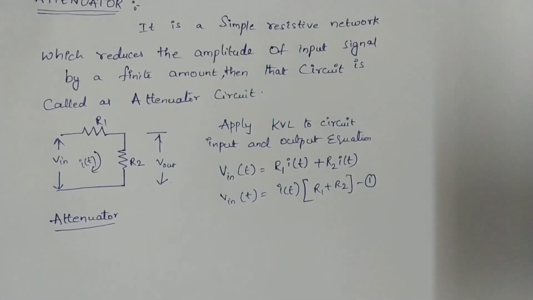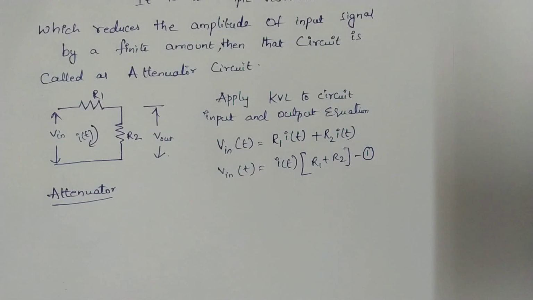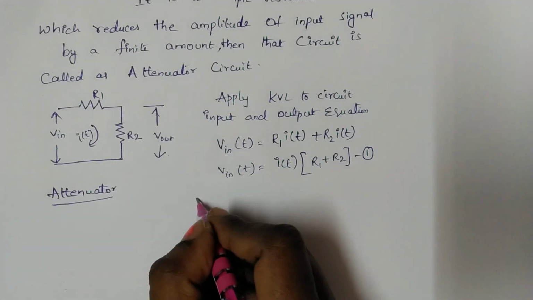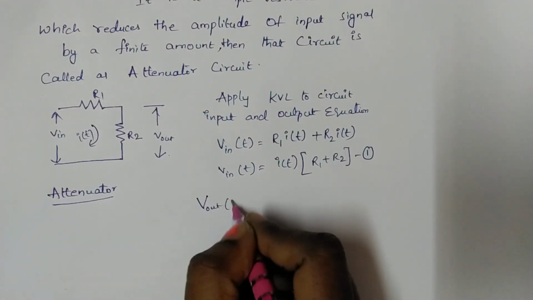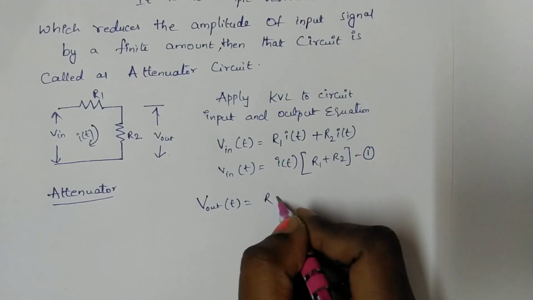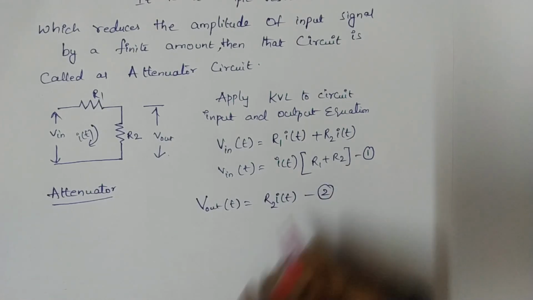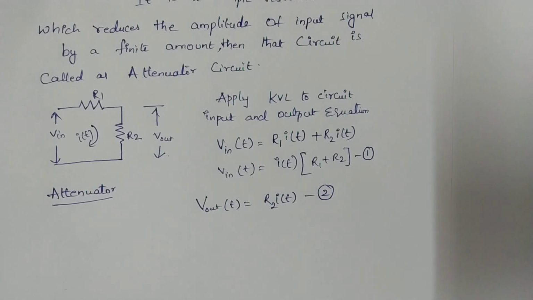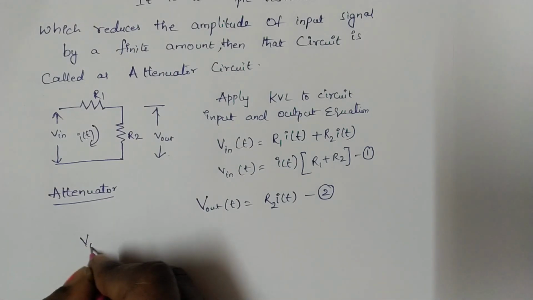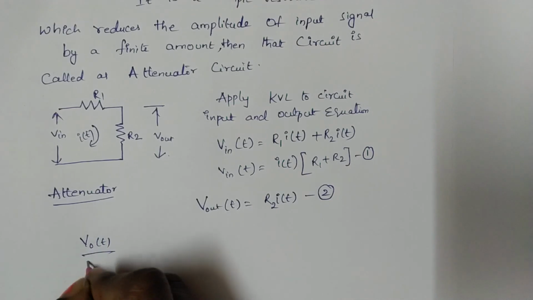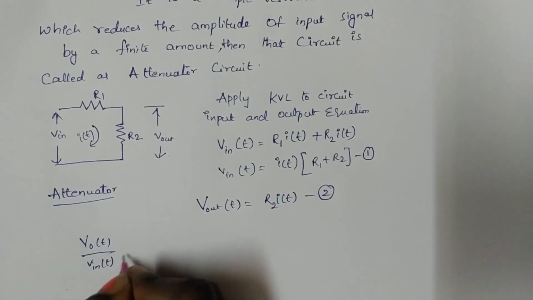And from the diagram we can see that the output is collected across the resistor R2. So V out of t equal to R2 into I of t. Make it equation 2. So we know output by input. If you want to find the output by input, substitute both equation 1 and equation 2.